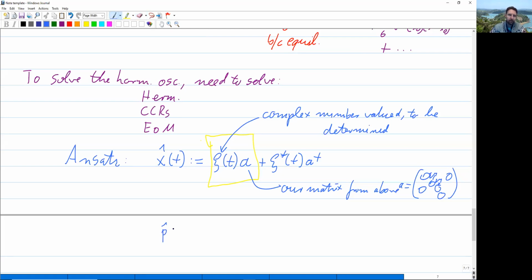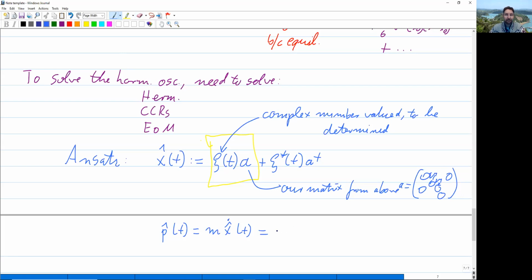So the p hat of t, because it has the equation of motion, it is m x hat dot of t. We can already write down what it is. This is one of the equations of motion.